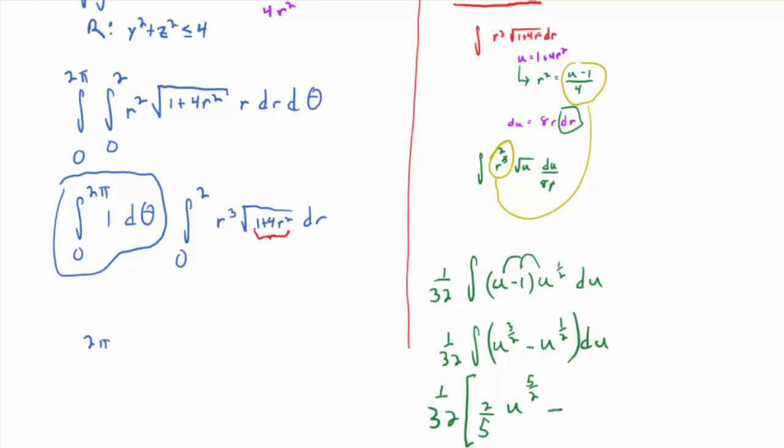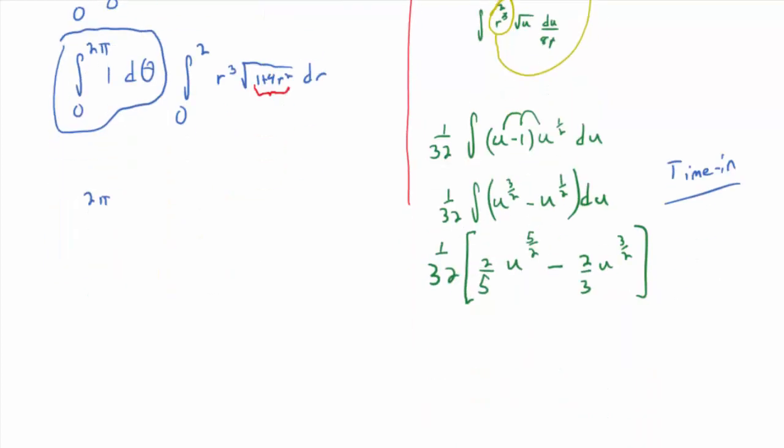And then minus 3/2 with 2/3 out front, like that. Are we good? Now, okay, back to where we were over here.